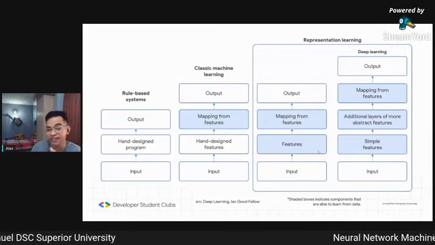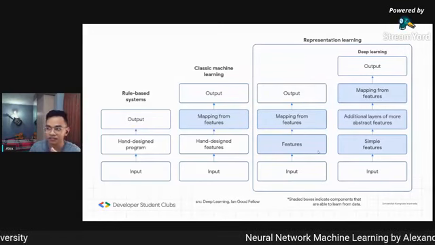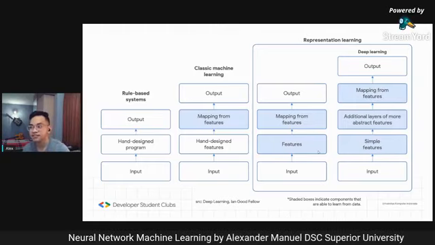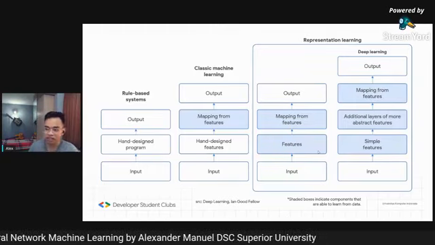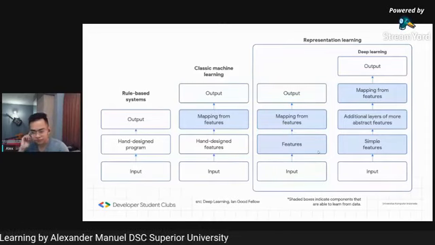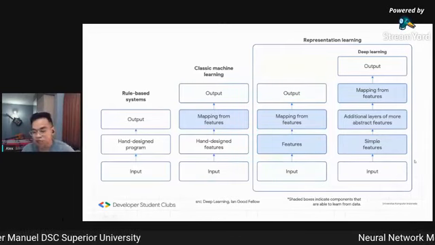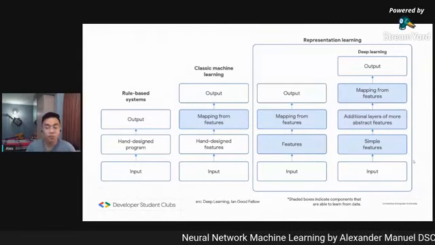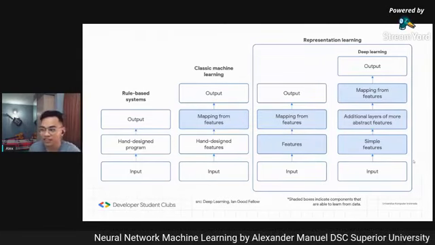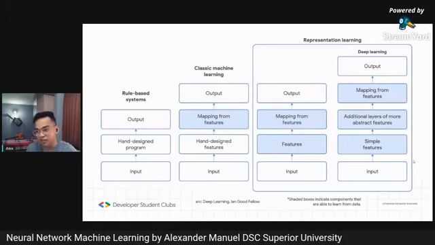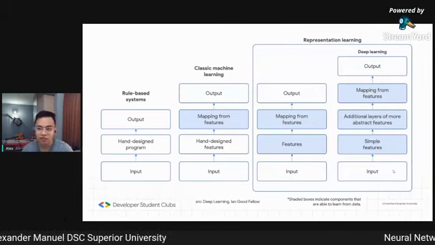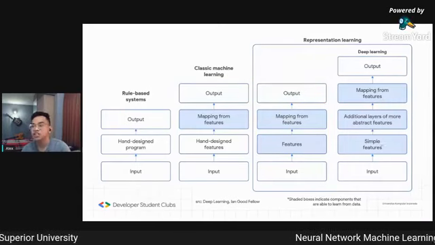So it will abstract the data. I'll explain it even further in the next slides. And then you map it, and then you take the output. As you can see, the shaded boxes indicate that the components are able to learn the pattern of the data. That's what differentiates a rule-based system from machine learning.